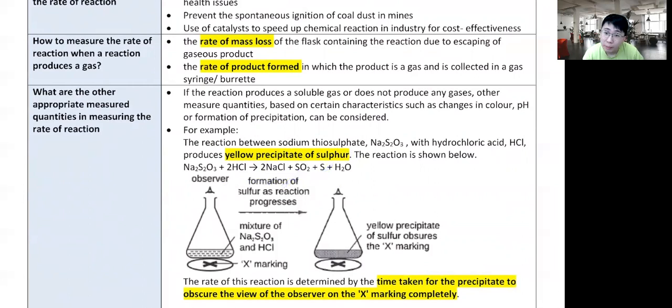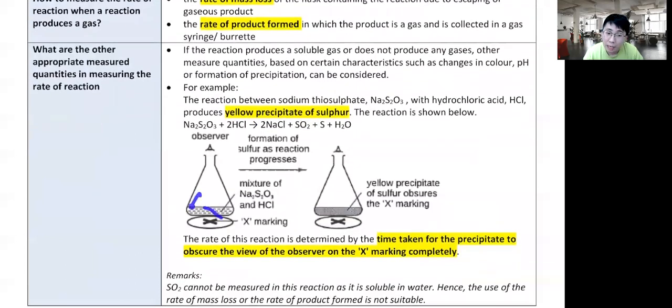So the best way to measure the rate of reaction for this experiment is to measure the easiest thing to collect. And what is the easiest thing to collect? I would say it is the solid. Because this sulfur is a yellow powder, it's a yellow precipitate. Below this conical flask, I will put a paper with this X mark here.